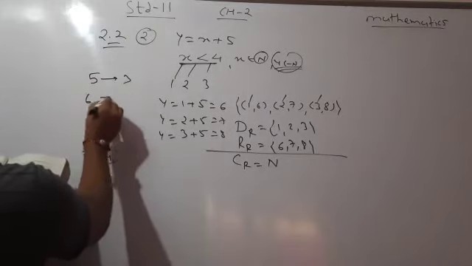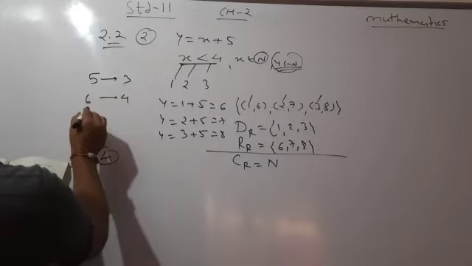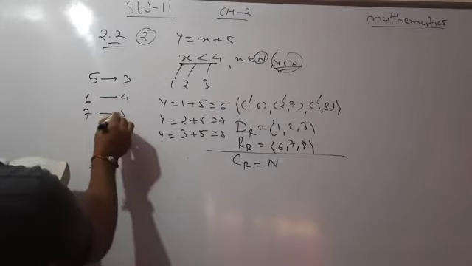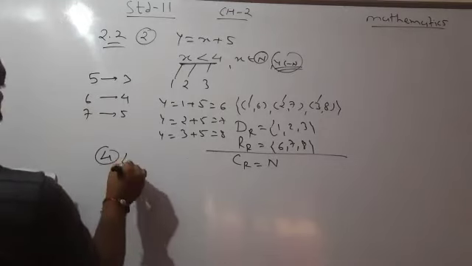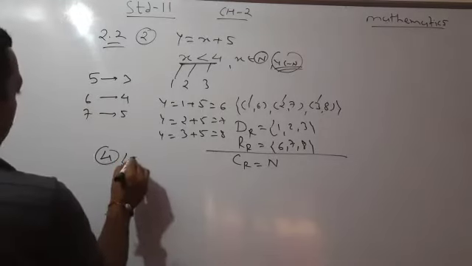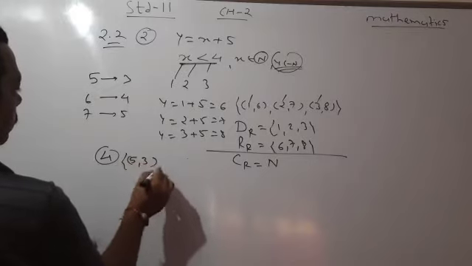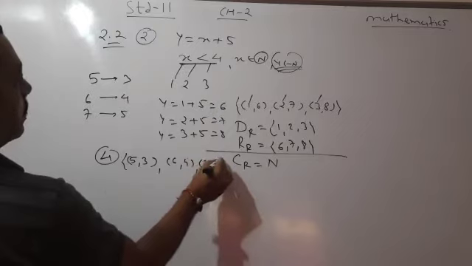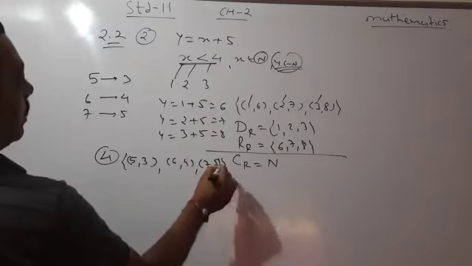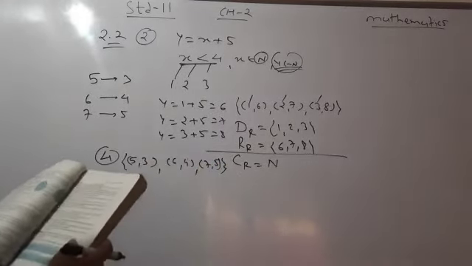If I write 6, then we get 4. And if 7, then we get 5. In roster form we write (5, 3), (6, 4), (7, 5). This is the presentation in roster form.